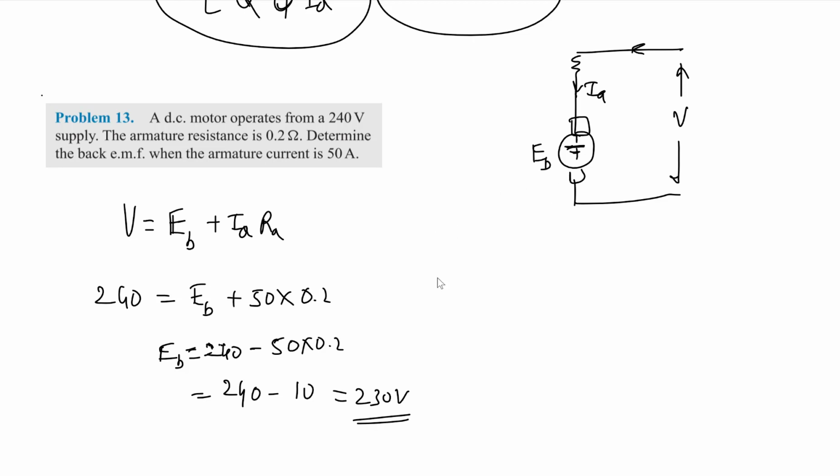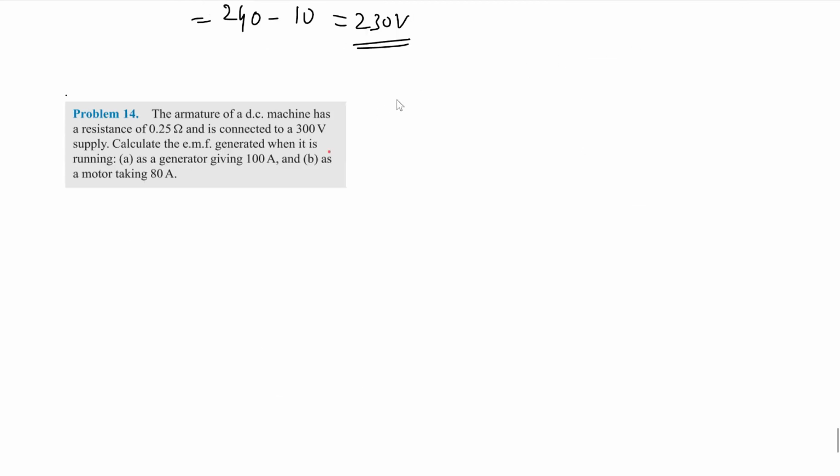Okay, let's see another problem. In problem 14, we have the armature of a DC machine whose armature resistance RA is 0.25 ohm and it is connected to a 300 volt supply. So terminal voltage is 300 volt.